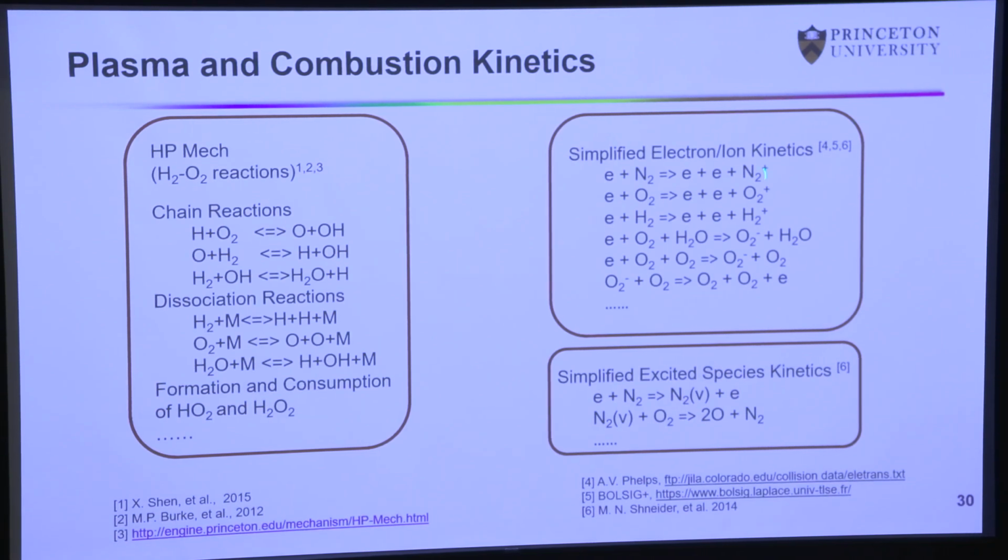and you can plug in a simplified electron-ion chemistry in plasma, including electron impact dissociation, ion recombination, and also the vibrational excitation. So this gives you some critical thinking about which important reactions are going to affect your instability.